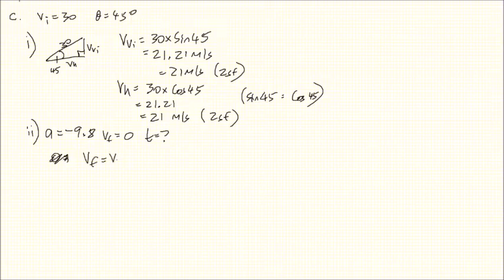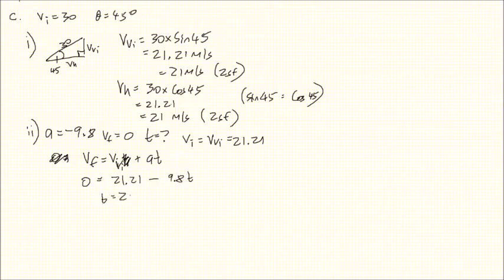Part 2, how long will the flight take? Here we're using Vf equals Vi plus at. This is where you get the idea that the final vertical velocity is 0 because it's at the apex, and then we're going to multiply by 2 because we want the time up and the time down.